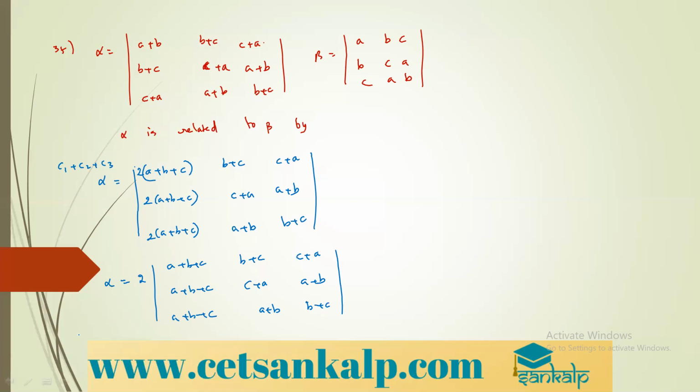Now I can make some operations over here, like from C2 I can subtract C1. So alpha equals 2 into a plus b plus c, that C1 will not change.